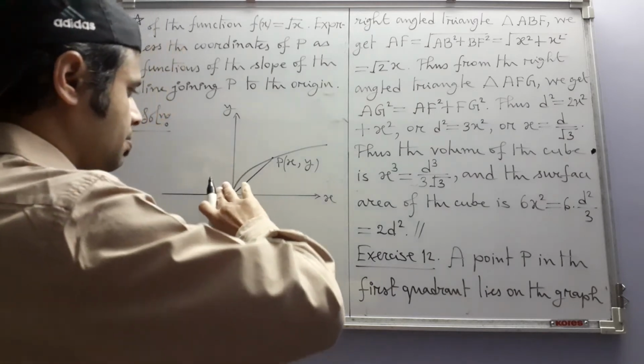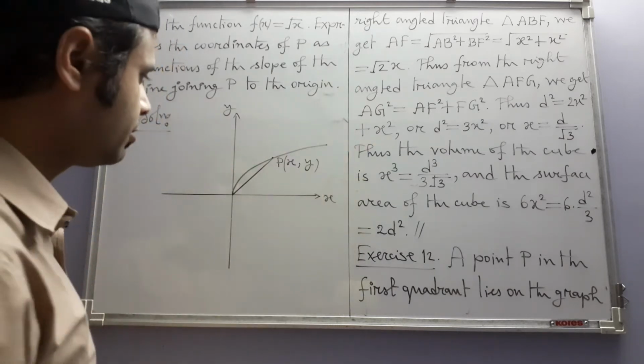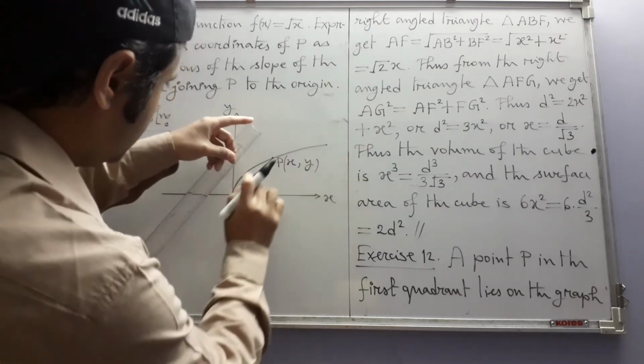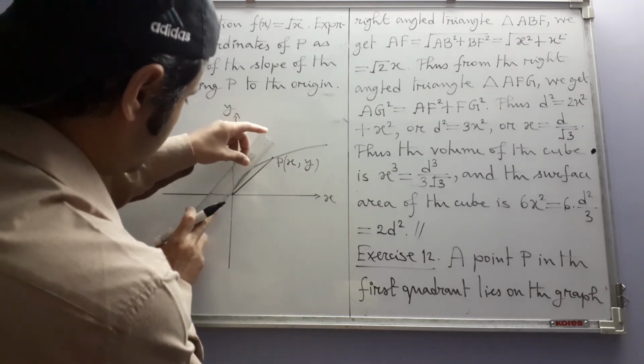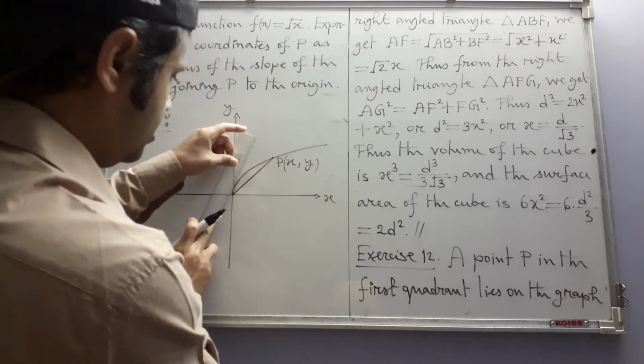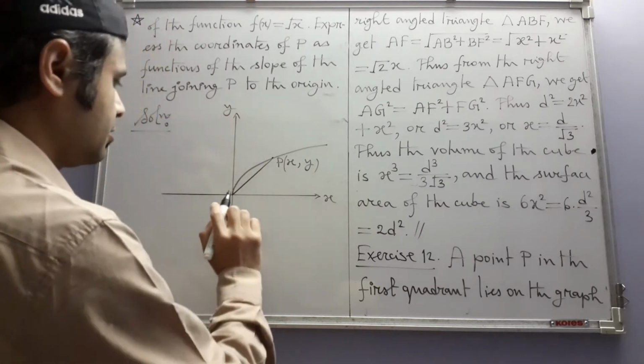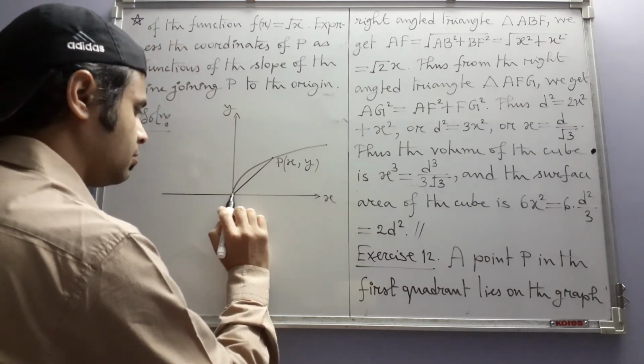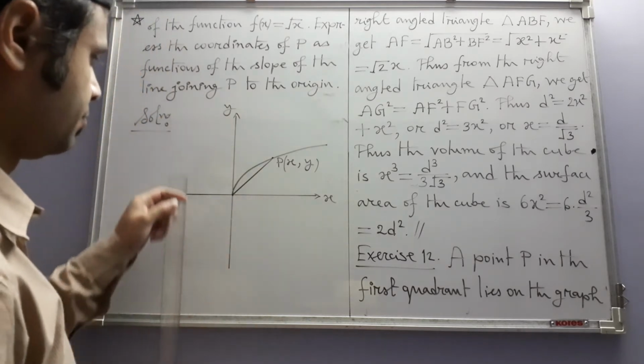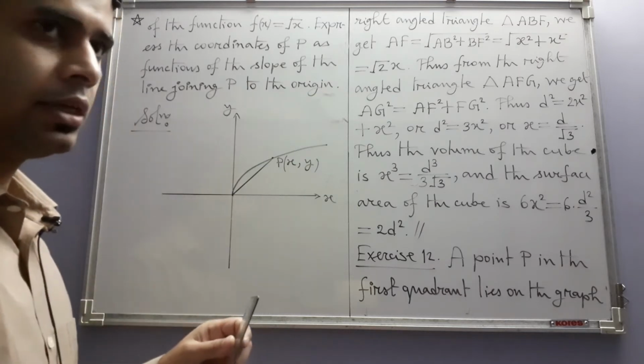From the look of the graph, you can see that as P approaches the origin, the slope of this line increases, and in fact at the point 0 the slope becomes infinite.